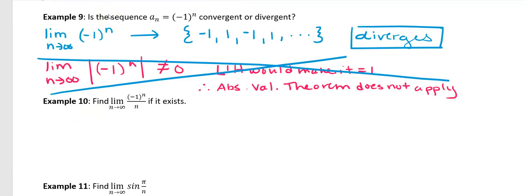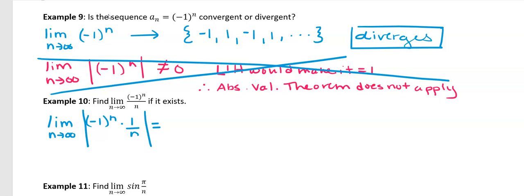So this means we are trying to find the limit as n approaches infinity of -1 to the n, and I'm going to write this as 1 over n. 1 over n is the same as dividing by n. This one, I know the first part from above didn't really work with the absolute value, but maybe this part will. So let's see what happens when I try to do the absolute value piece.